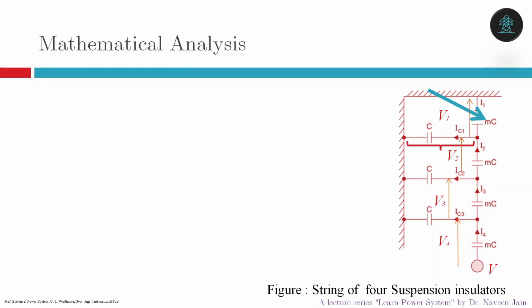All disks are identical and therefore their capacitance is the same. C is the capacitance of pin to tower, that is, the capacitance of the metal part of the insulator disk to the tower structure.